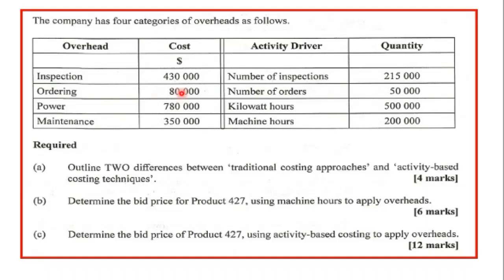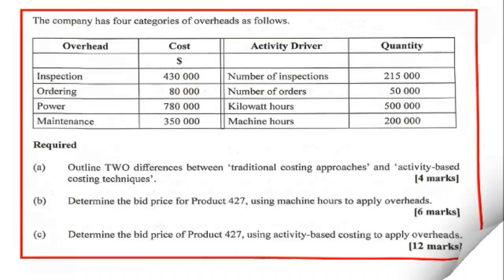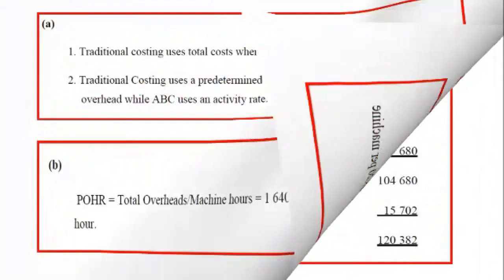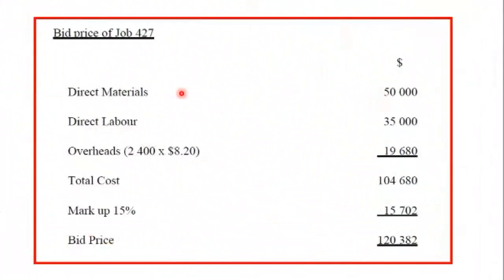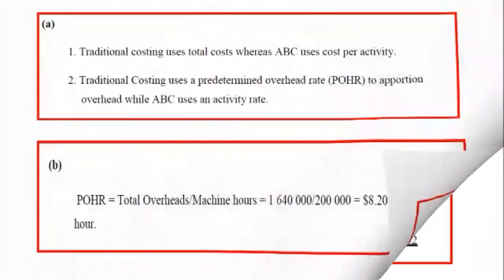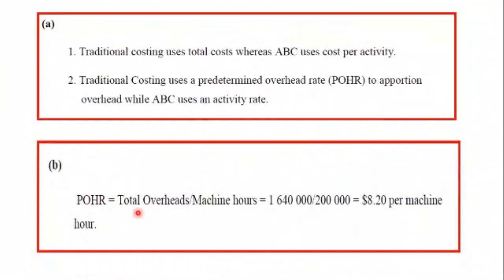Power and machine hours, we do the same. What you will notice though is that this POHR that we calculated here is also a rate using the machine hours, but we do not use this as an activity rate because it is not an activity.